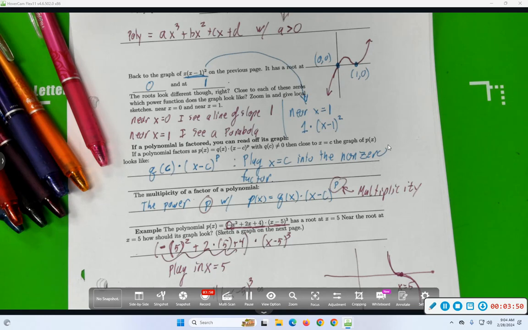Right, so c is certainly a root of that polynomial, so it's a place where that polynomial is 0. This number p says how much of a root there is. That notation feel okay?